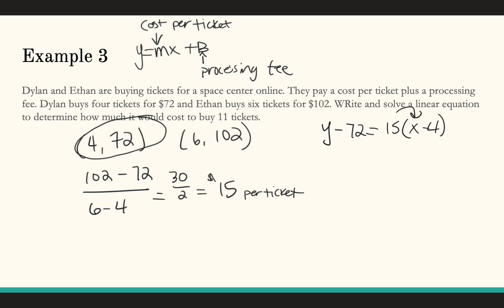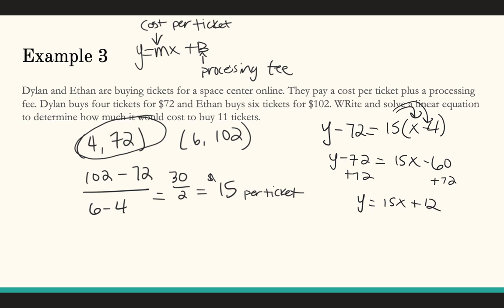I'm going to distribute here to get 15x minus 60. I'm going to add 72 to both sides and get y equals 15x plus 12.